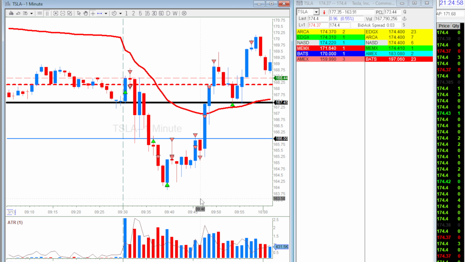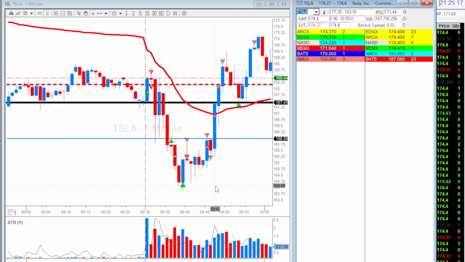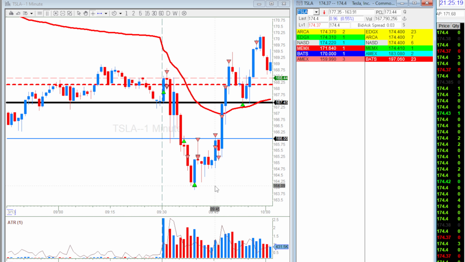I like the adrenaline of that, but really you have to stop out, like what I did here. Same here, if it prints lower than 164, as you can see, 163.91, that's only 10 cents. If it prints 163.75 or 163.50, then I probably have to stop out, just half.